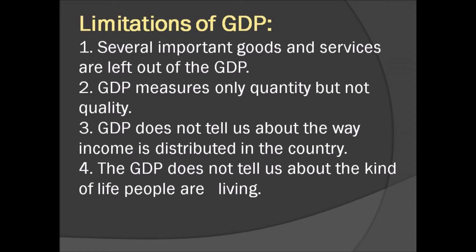Second point, GDP measures only quantity but not quality. That is, the GDP measures only the number of productions of goods and services. Therefore, it concentrates only on the quantity and not the quality. As an example, in the 1970s, schools and banks did not permit the use of ballpoint pens.